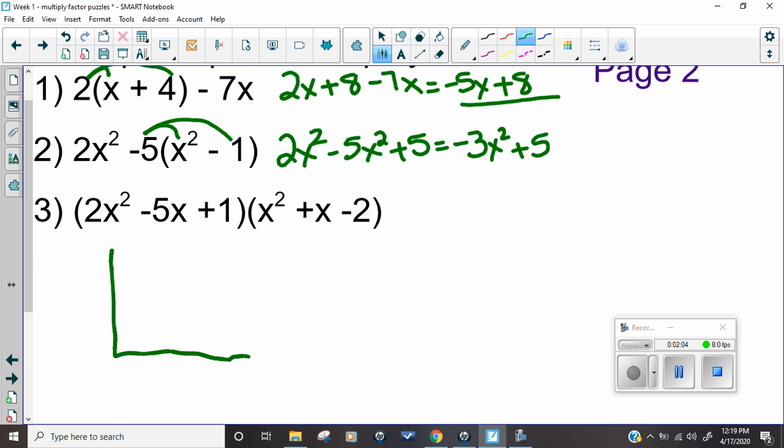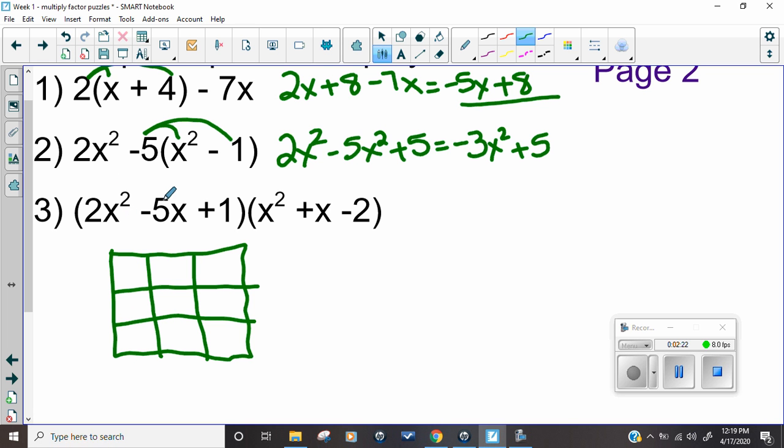When you have a 2 by 2, it may be easier, but when you get into 3 by 3 or 2 by 3, I like drawing the grid because I'm able to quickly see if there are any errors where I multiplied, compared to just doing FOIL or distribution. With distribution, you'd have to multiply this with each one of these, and then the second term by each one. So you're going to end up with 9 terms anyway, and then combine the like terms.